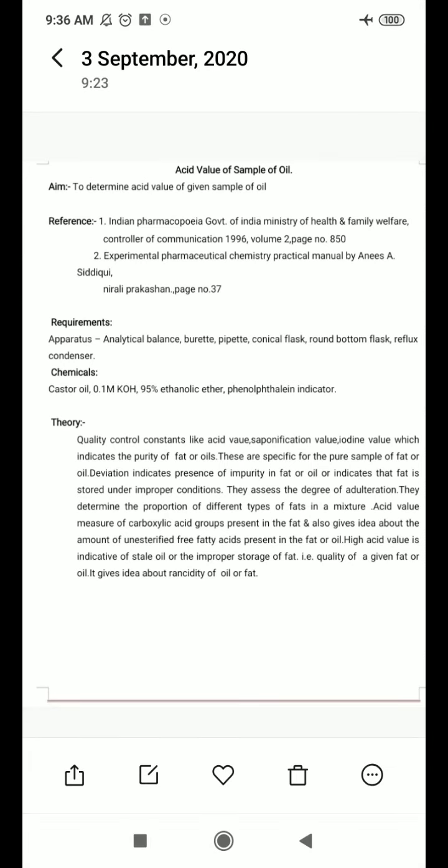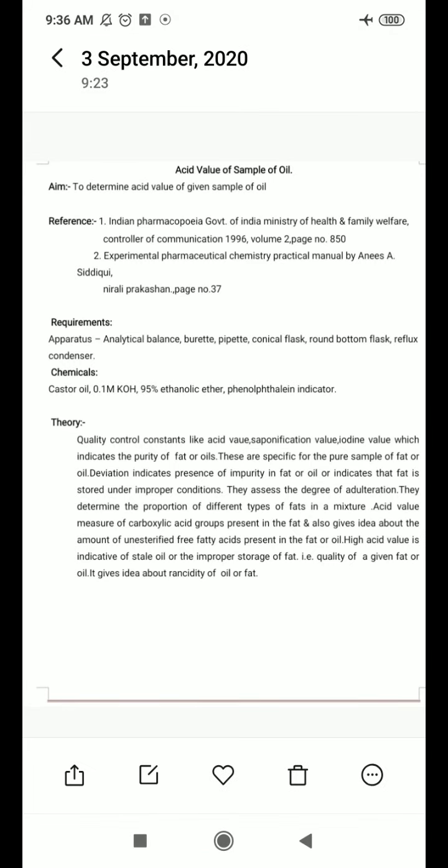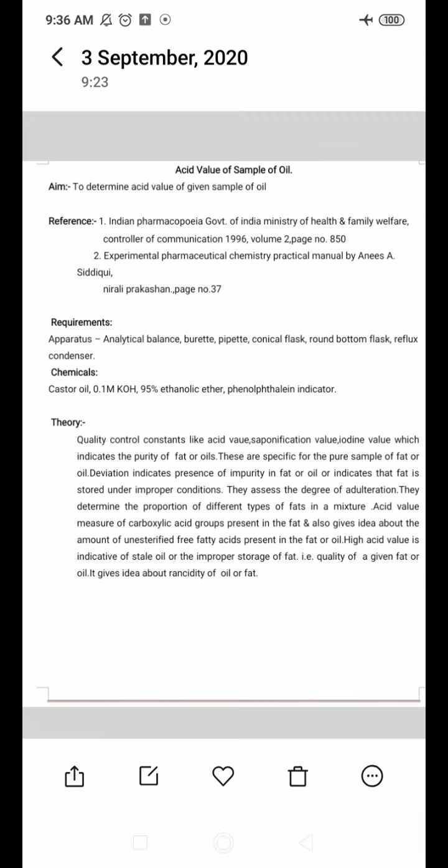Deviation indicates the presence of impurity in the fat or oil, or that the fat is stored under improper conditions. If your fat or oil sample is stored under sun rays or near heat, then your sample gets rancidified.